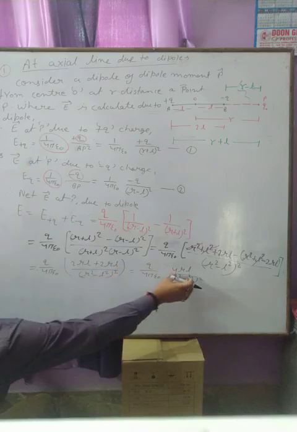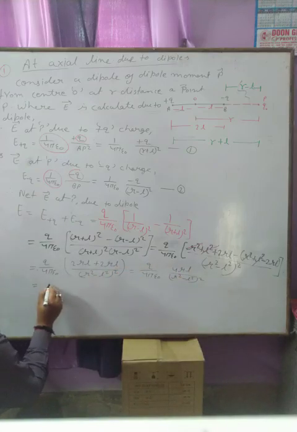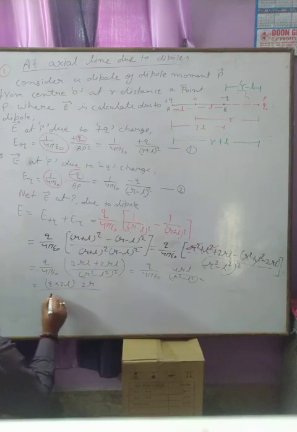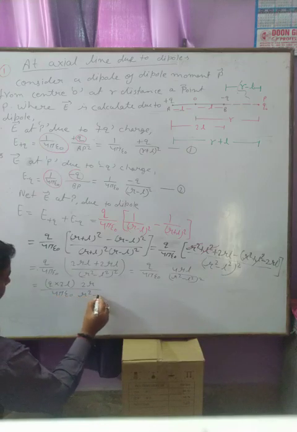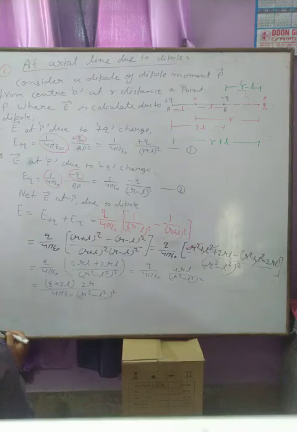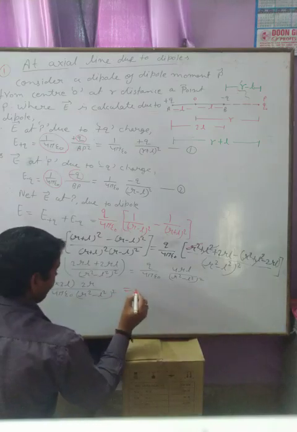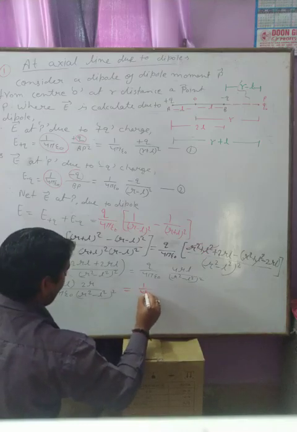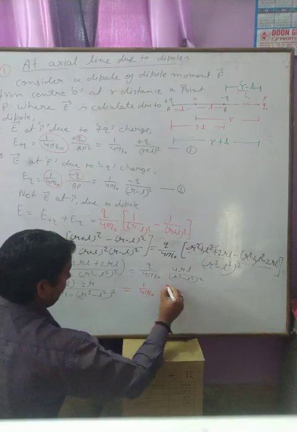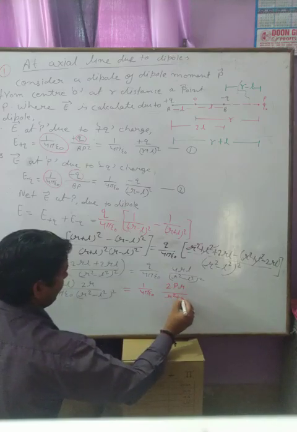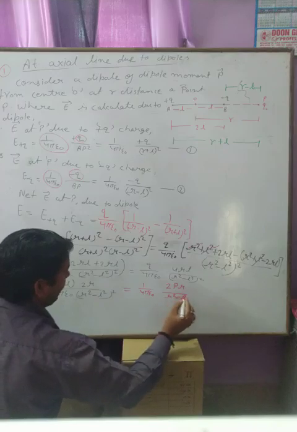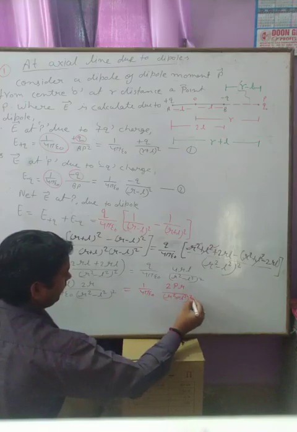Here we are reducing it into the form Q into 2L into 2R upon 4 pi epsilon naught (R square minus L square) whole square, which is 1 upon 4 pi epsilon naught, 2PR upon (R square minus L square) whole square.